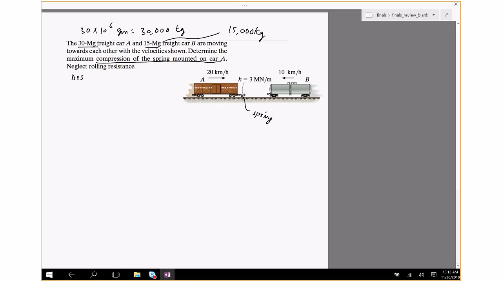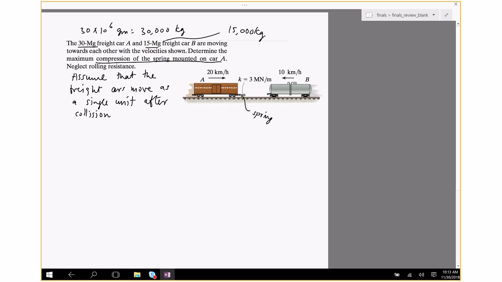If you're not given this, you either assume this or assume that the freight cars move as a single unit after collision. If you're given e, then you have to use the coefficient of restitution to figure out the velocities after collision. In this case it's not given, so I'm just going to make an assumption that they're going to stick and move as a single unit.